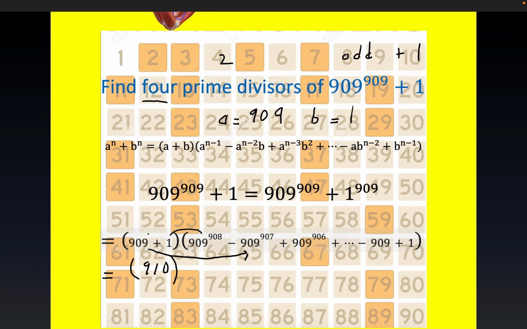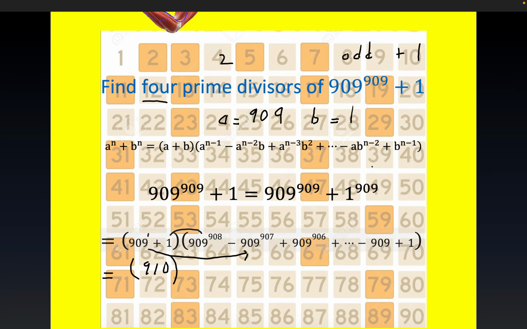See, this is 909 to the first power, right? So you see how those two things cancel out? When you multiply this out, you get minus 909 to the 908th power. So that makes you trust the fact that you get an alternating situation here where everything cancels out except the first and the last terms, which would be 909 to the 909 and then just 1, which is what we're looking at, right?